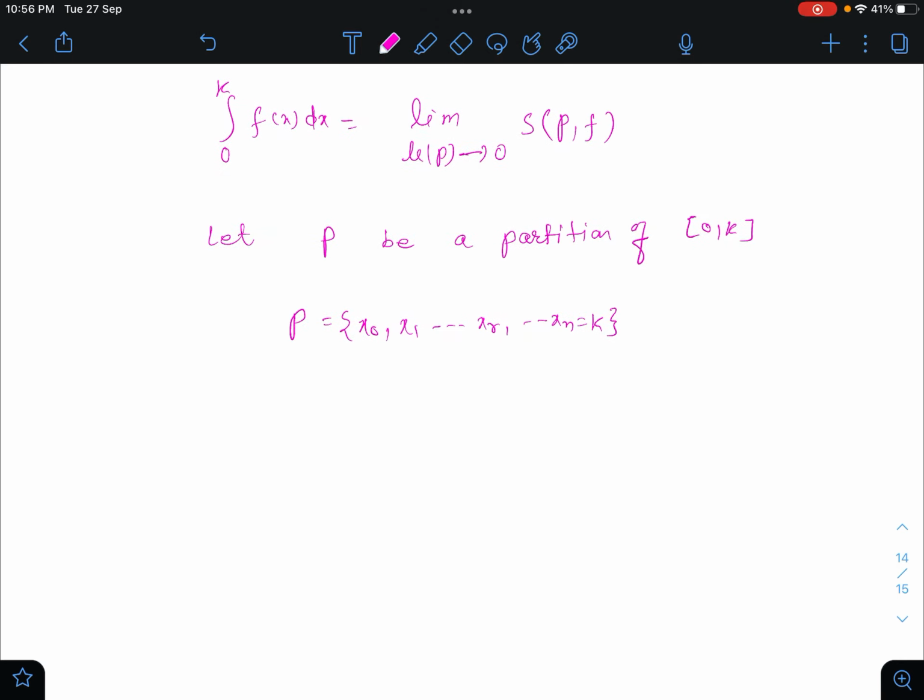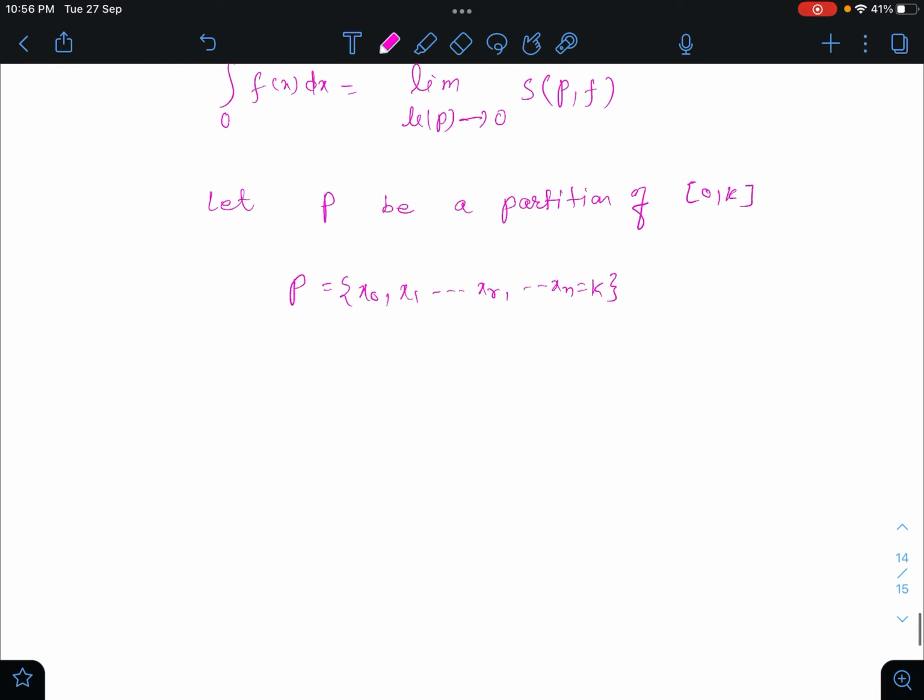It is partitioned into n equal subintervals, and xi is equal to k i upon n.